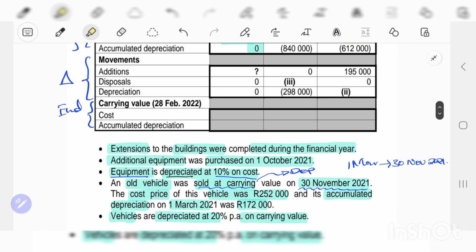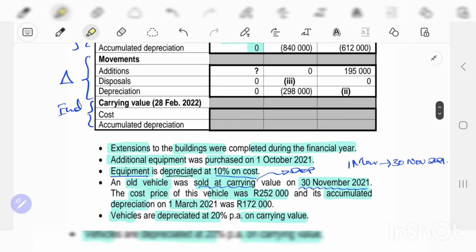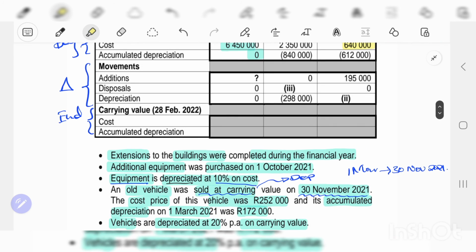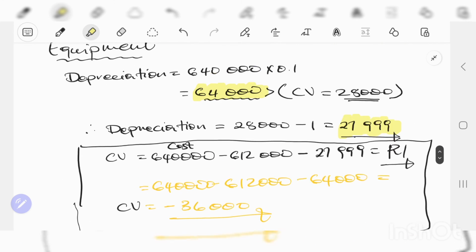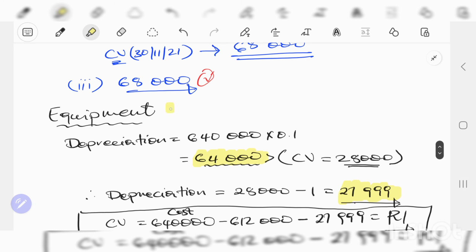On number 2, they are looking for the depreciation for the year of the equipment. So we have calculated the depreciation of the old equipment.